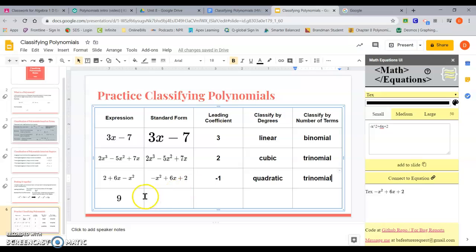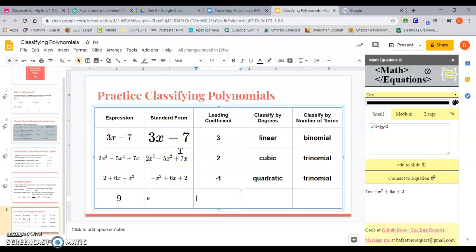All right, and here it's probably the easiest, or should be the easiest, although sometimes when they're really easy, they're also kind of confusing. So 9 is a polynomial. It is still in standard form. It's just 9. For some reason this didn't format. That's okay. And then the leading coefficient. Well, like Khan said in his tutorial, it could be 9x to the 0 power, which is 1.